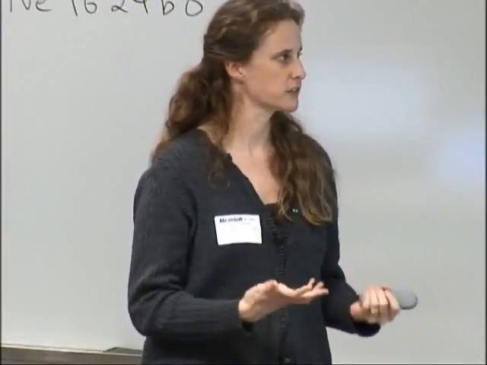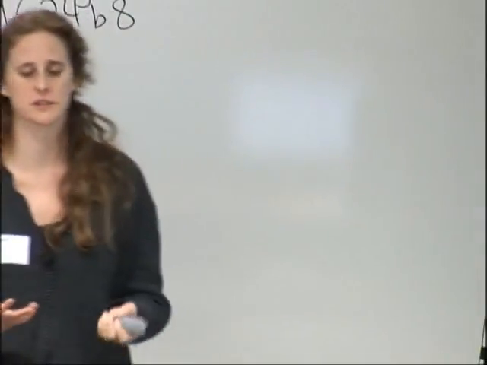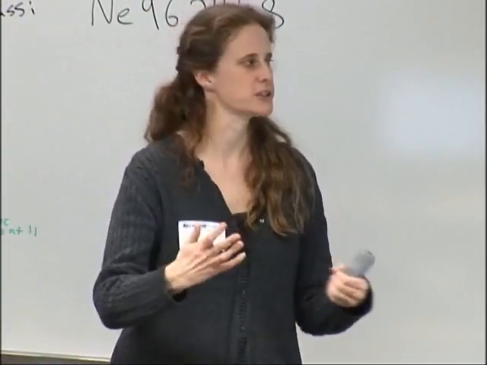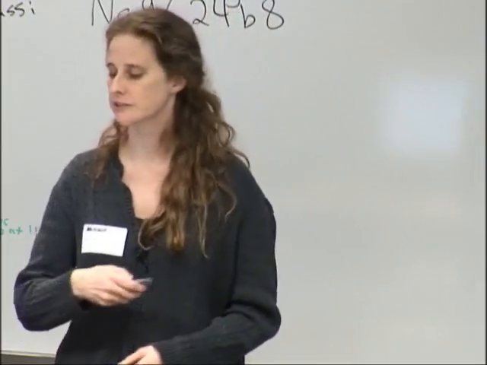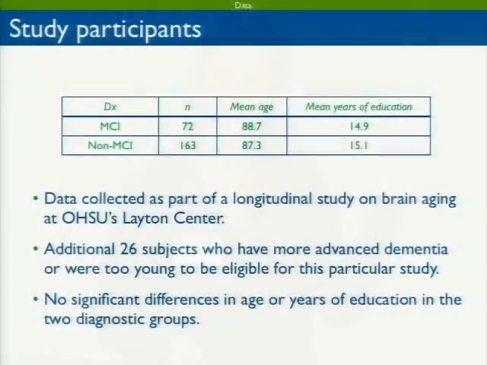Typical aging is a clinical dementia rating of 0. MCI is a clinical dementia rating of 0.5. This is how we'll interpret it. Severe dementia would be like a clinical dementia rating of 3. And I'd like to point out the diagnosis does not rely on any narrative recall test. So the narrative recall task I'll be talking about is completely independent of the process by which MCI is diagnosed.